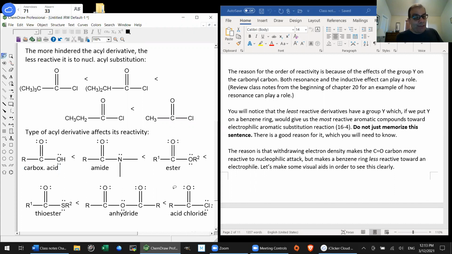And what that means for us, we'll get into more starting on Monday. But one thing this means for us is, in general, it's going to be easier to go from a more reactive derivative to a less reactive derivative. The only exception being that we have a way to go from a carboxylic acid directly to an acid chloride.